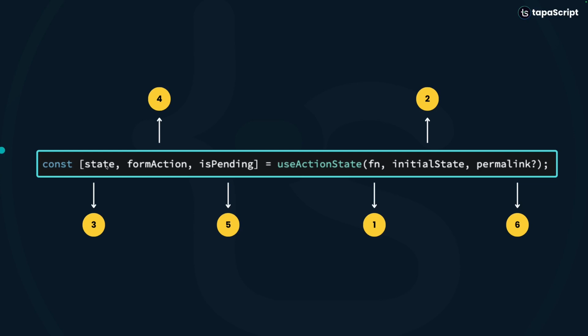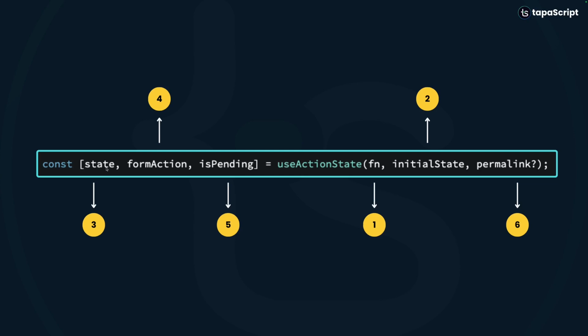The first is the current state. Now during the first render, when the component renders for the first time, this value is equal to the initial state value. They are exactly the same. If you pass 0 here, this state value is 0. If you pass null here, this state value is null. I hope you got it. Now after this action gets invoked, what will this value be? It will be the return value of your action.